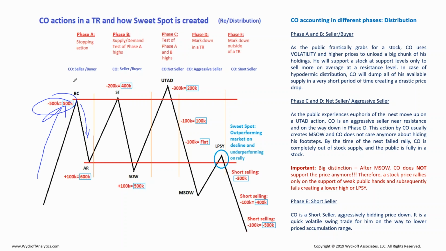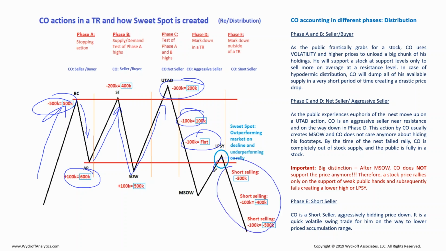And then in some cases, as they sell, they're going to buy just a small position back just for the prices to stabilize and to push the price closer to the previous resistance. And that action is going to repeat itself until the CO finds the opportunity to sell the majority of its supply and maybe even establish some positions to the downside, maybe short selling.